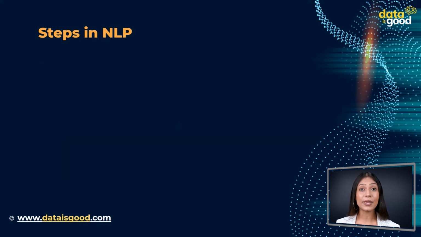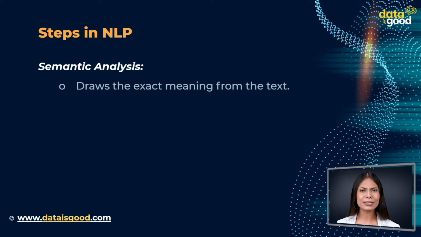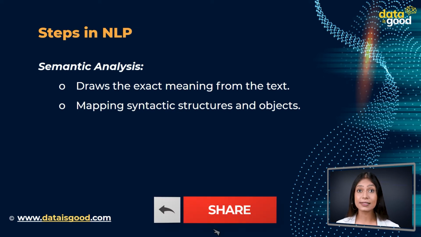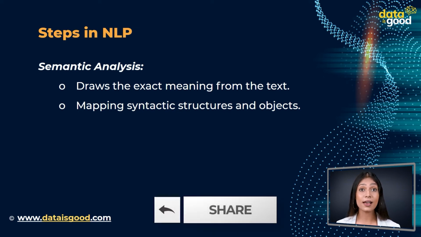The third step in NLP is semantic analysis. It draws the exact meaning or the dictionary meaning from the text. The text is checked for meaningfulness. It is done by mapping syntactic structures and objects in the task domain. The semantic analyzer disregards sentences such as hot ice cream.